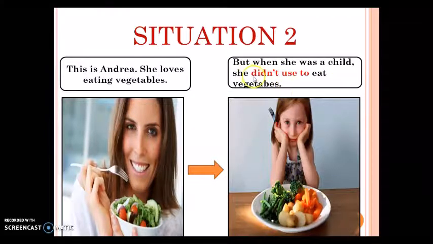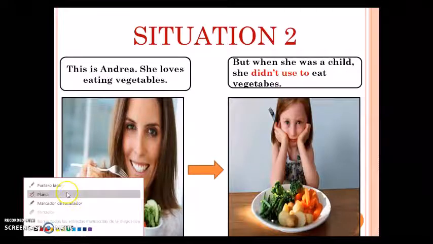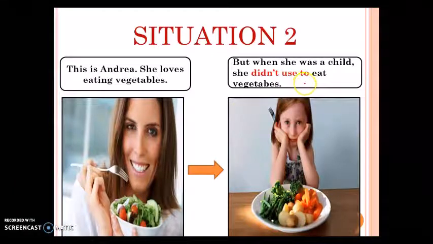Look now at the structure of the negative form. For the negative form, you are going to add did, plus not or didn't.